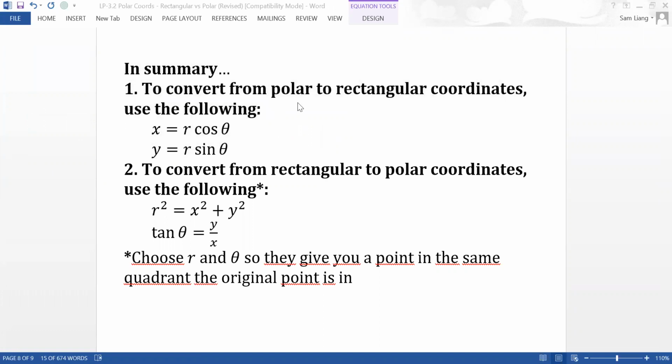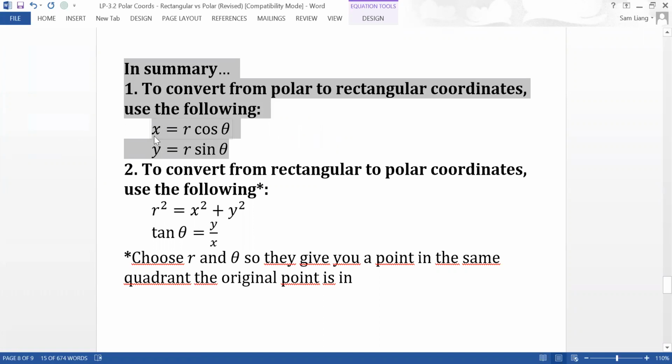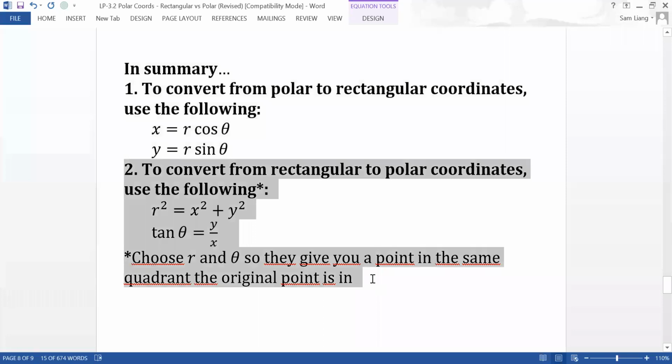So from polar to rectangular, if we want rectangular coordinates, then we want to isolate the rectangular coordinates, so we would just want x and y. Then you can read the second part. To convert from rectangular to polar coordinates, use the following: r squared equals x squared plus y squared, and tan theta equals y over x. And choose r and theta so they give you a point in the same quadrant as the original point. All right, thank you for that.